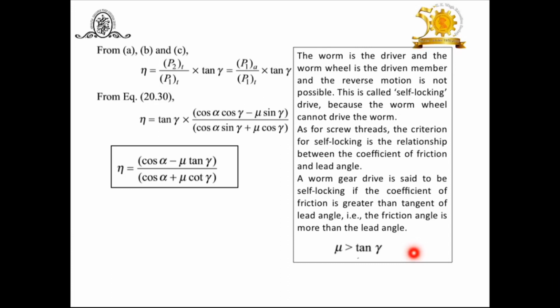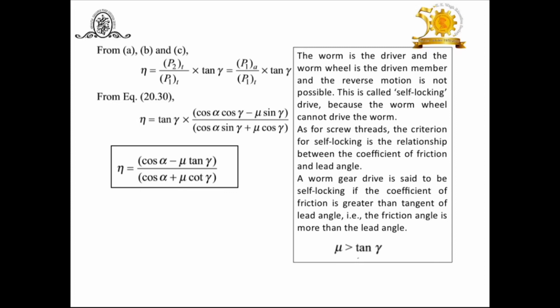There is another term, reversible, overrunning or back-driving worm gear drive. Generally, this condition is not used in worm gear drives or it is not preferred. But in some applications, if the driven machinery has a large inertia and the driving power supply is cut off suddenly, the worm is freely driven by the worm wheel.